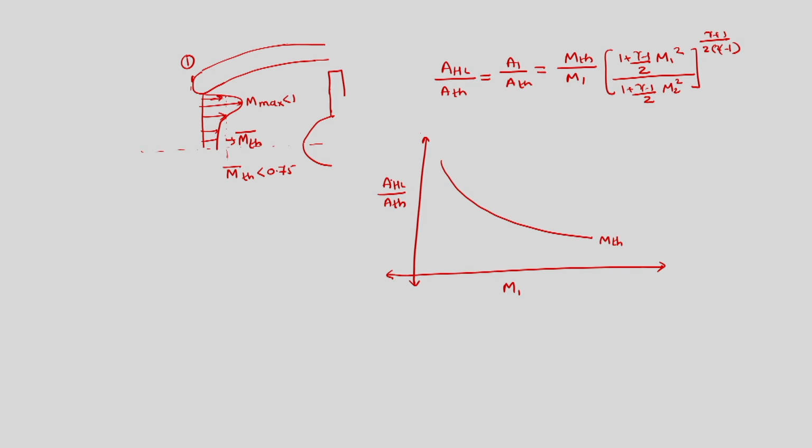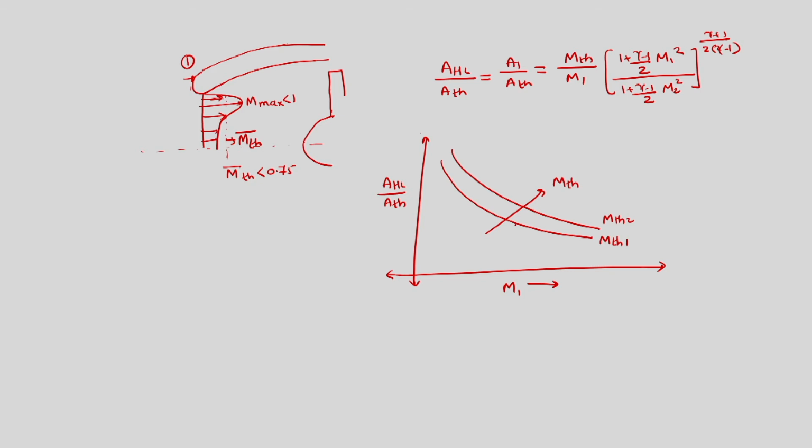So, if the highlight area, which is this A1, to the throat area ratio increases, then the throat Mach number will increase. If we decrease it, then the throat Mach number will decrease, if we increase the Mach number M1. This graph would have M throat 1, M throat 2, and in this direction M throat increases.